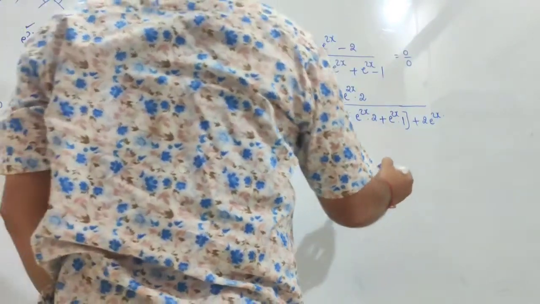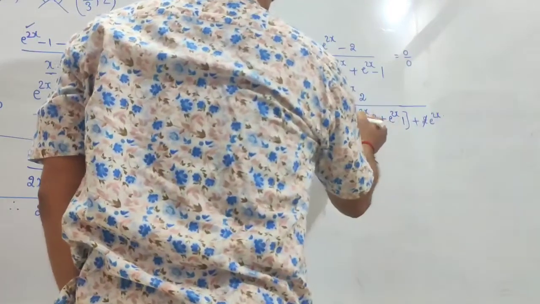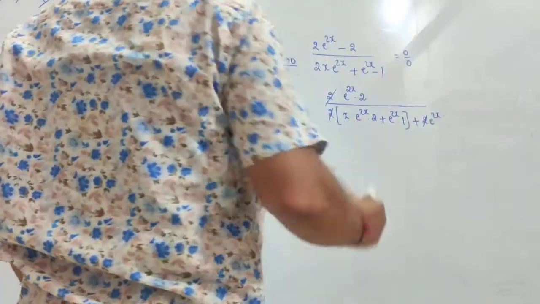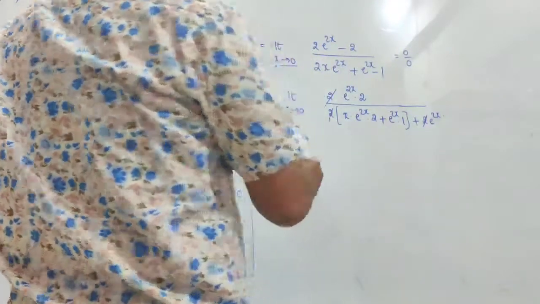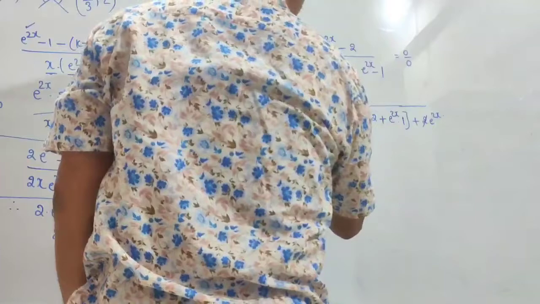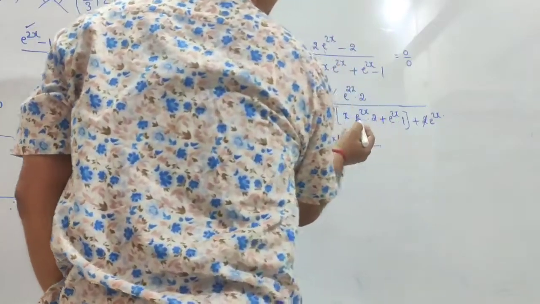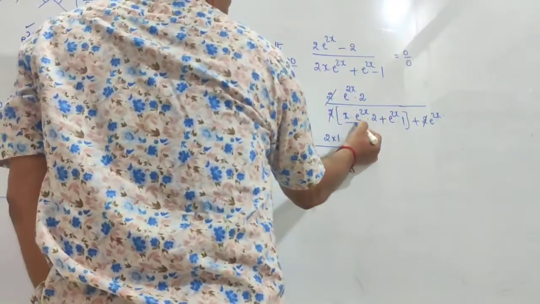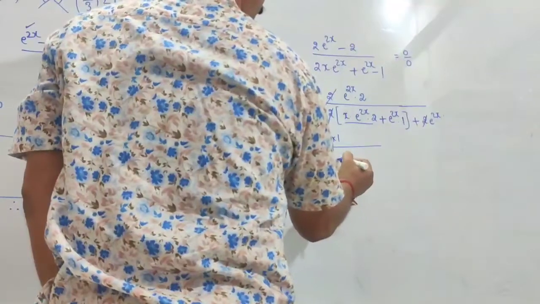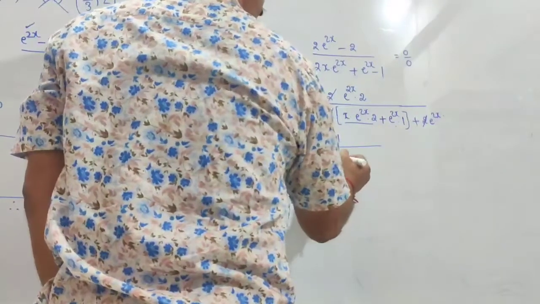Next here the 2 is common, cancel. So put x equal to 0: 2 into 1 divided by, putting x equal to 0, 0 plus 1, plus 1.